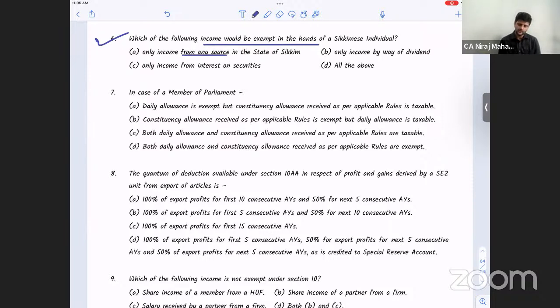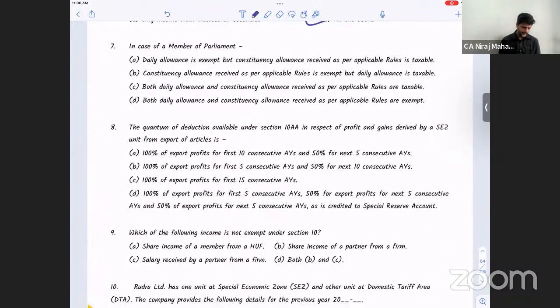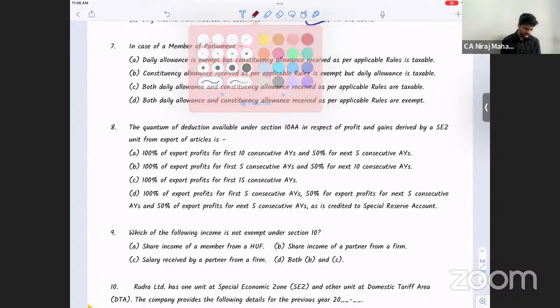That's absolutely correct, no? Because let him earn dividend from anywhere, it is exempt. Let him earn interest from anywhere, it is exempt. And any other income from Sikkim is also exempt. So only for any other sources of income, location is put as Sikkim. Dividend and interest he earns from anywhere is exempt. Clear?